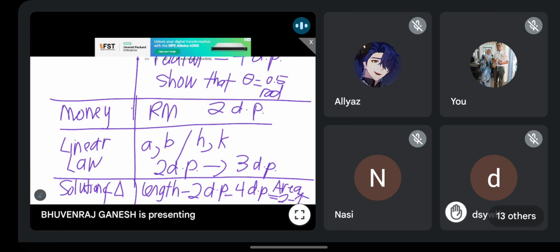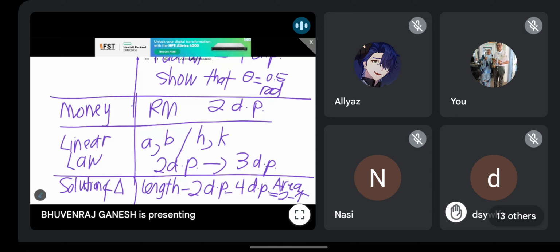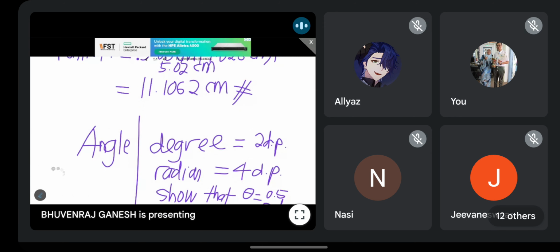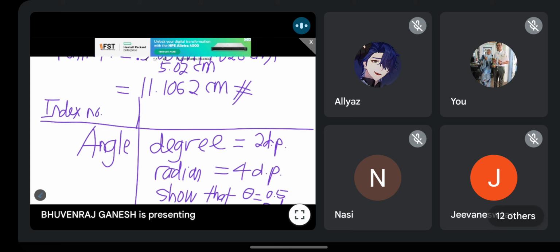Okay, so let me see. Did I miss out any more? Angle, money, linear law, SOT. One more. Index number. Okay, last chapter. So guys, index number. How many DP? Let's say price index or composite index.